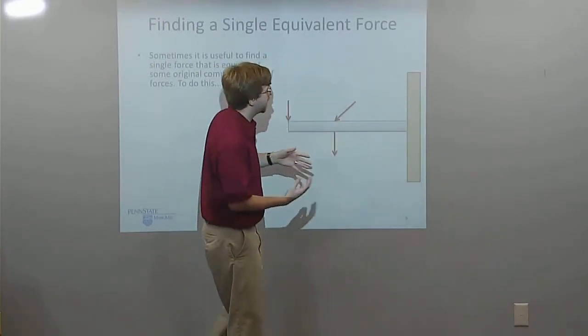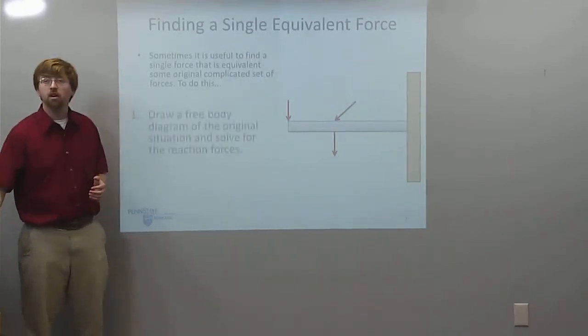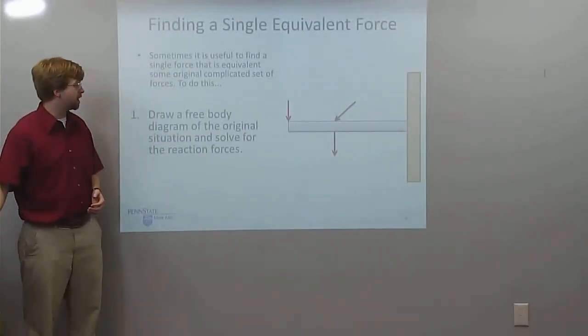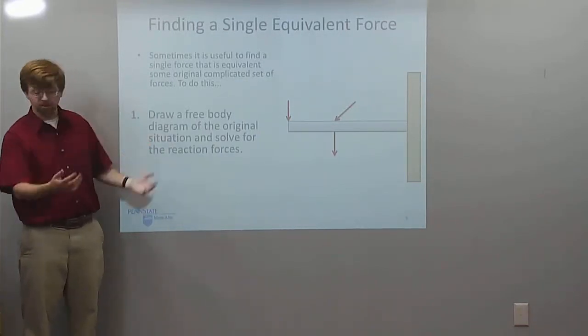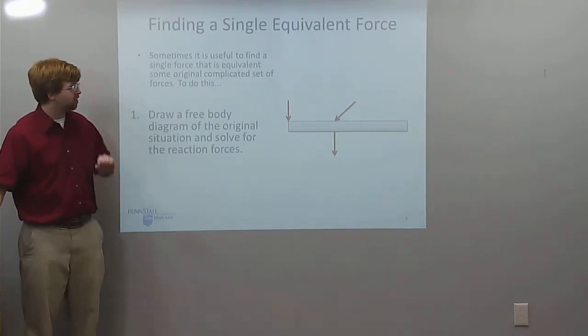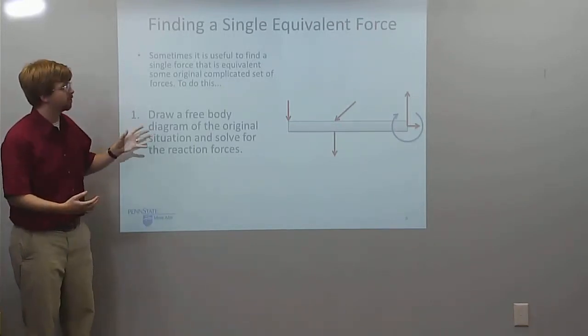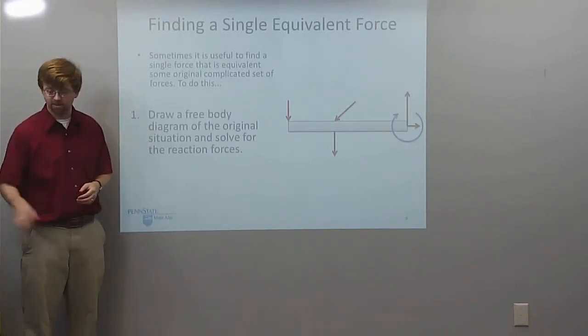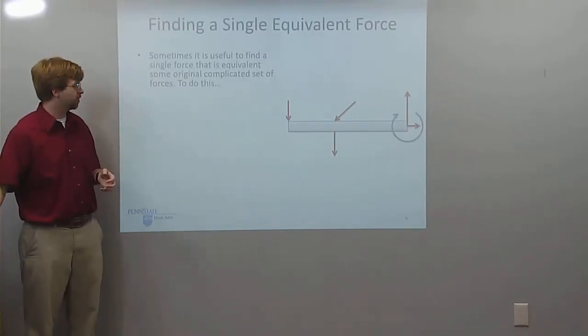It's going to have a force in the x, force in the y, and a moment, at least possibly. So first I draw a free body diagram of the original situation and solve for the reaction forces. So this is an extended body, I just do an extended body analysis. So remove the background. And I've got three possible forces. Like I said, force in the x, force in the y, and a moment at that connection to the wall. And I should be able to solve for the magnitudes of each of those.